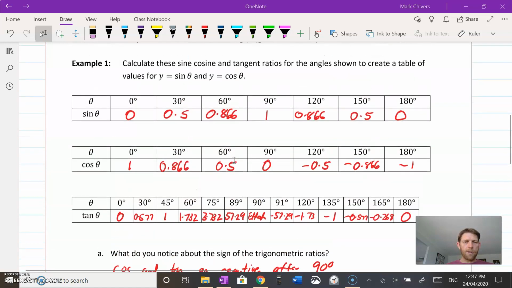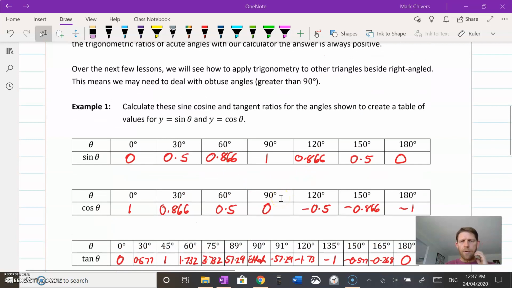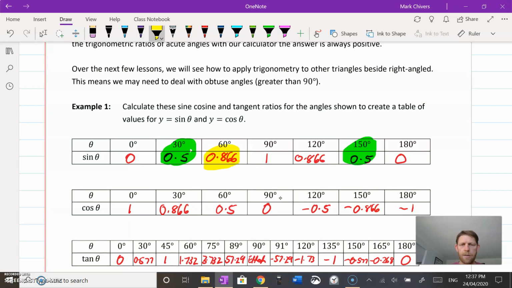So let's have a look up here at sine and look for a pattern. You'll see here that the sine of 150 degrees and 30 degrees are the same. We'll also see that 60 degrees and 120 degrees are the same, and this pattern stays the same. If two angles add up to 180, then they're going to have the same ratio.